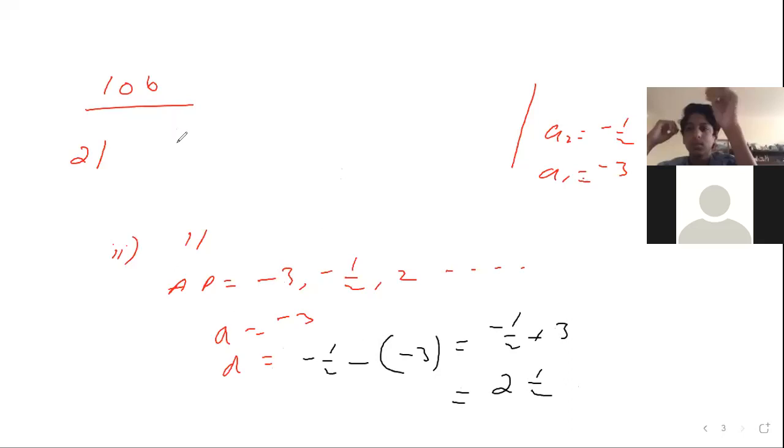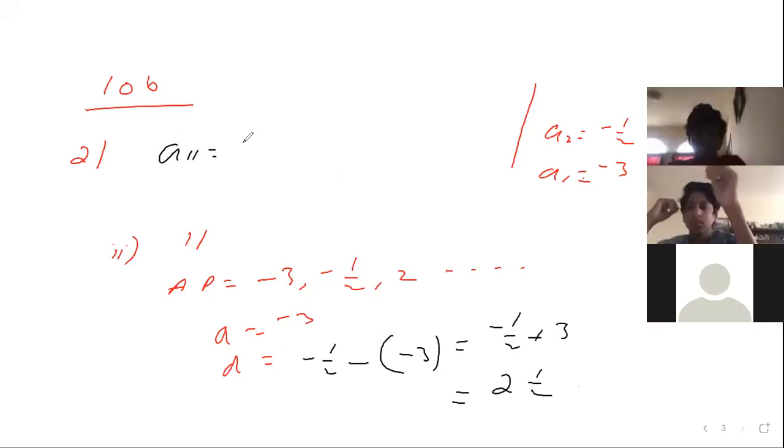Okay, now do A11. A11 is equal to A plus N minus 1 into D. A is -3, so -3 plus 11 minus 1 into D, which is -3 plus 10D.